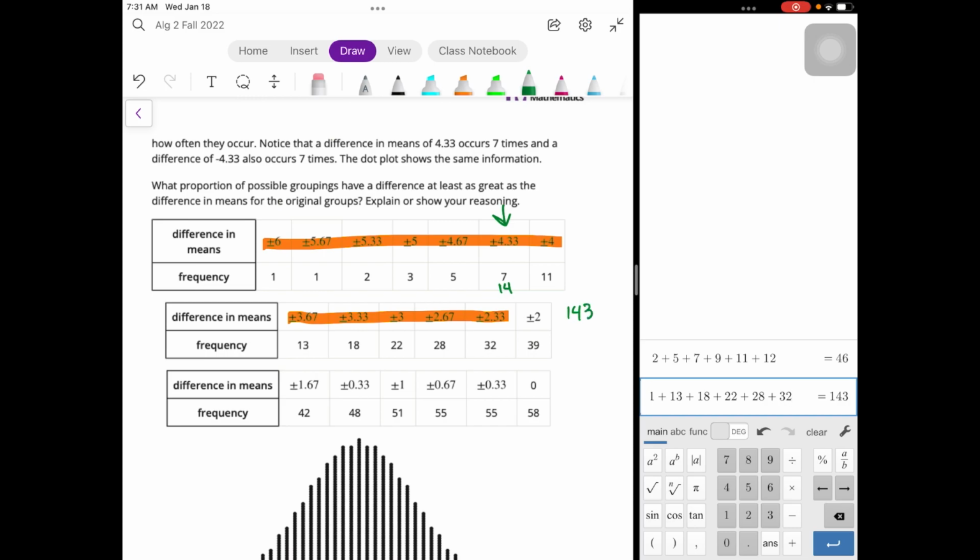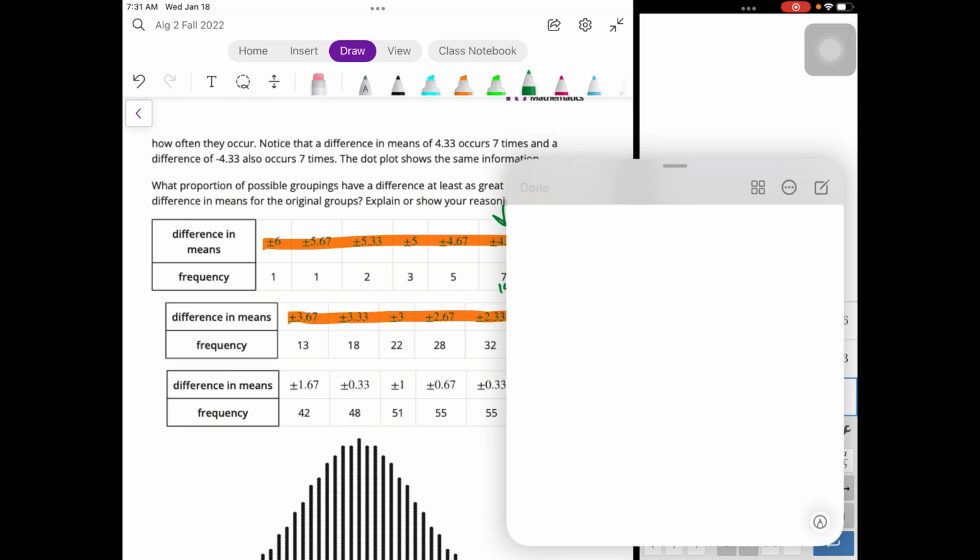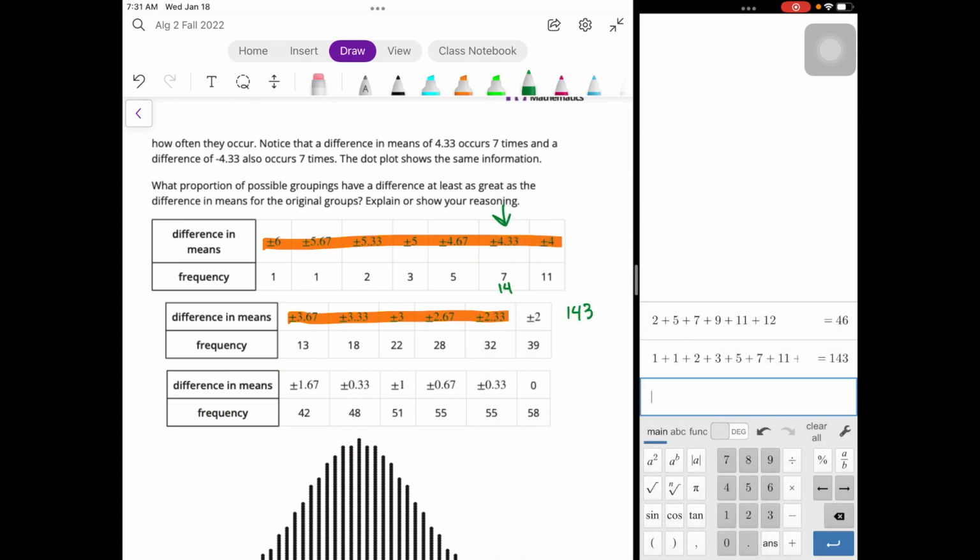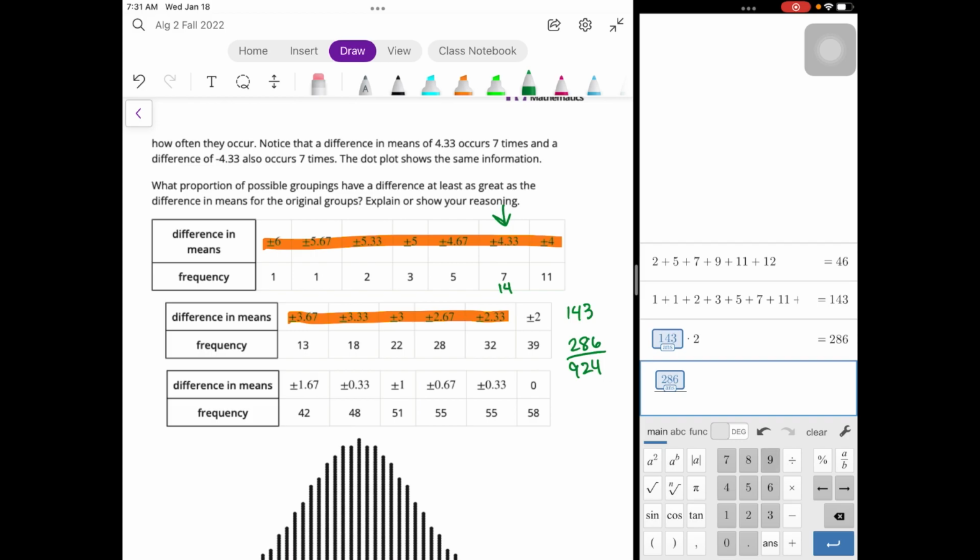We also have all the negatives, so we're going to take that number and multiply by 2. So we actually have 286, and that's out of the total of 924. So let's take that and divide it by 924, and we get about 0.31.